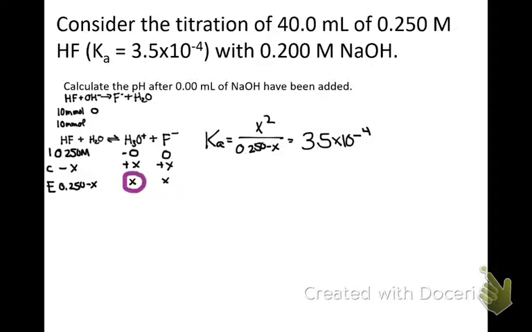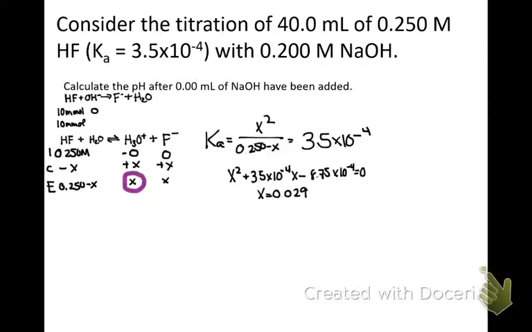So instead, we're going to develop a quadratic equation and solve it. The quadratic equation I get is x squared plus 3.5 times 10 to the minus 4 x minus 8.75 times 10 to the minus 4 equals 0. And I find that the chemically relevant value of x is 0.029.